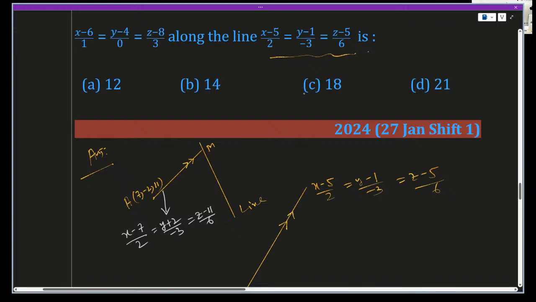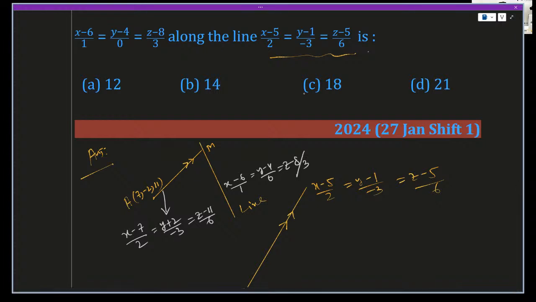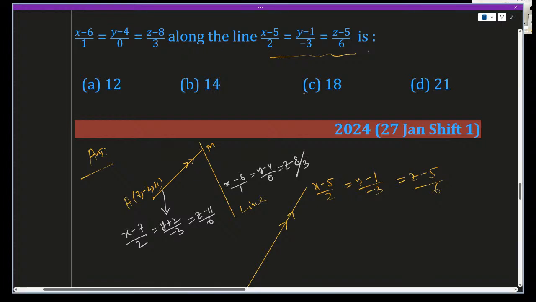Your problem is to find AM, this distance, where this line has the equation given. How to? Go by the same method. Which method?